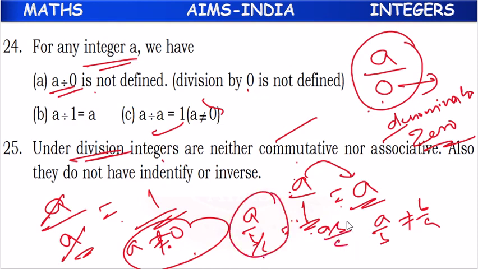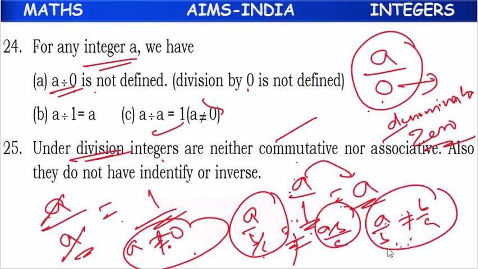For two integers, if the order of division is changed, the numerator and denominator are exchanged, and the result will also be different. So they are not commutative, they are not associative, they don't have any identity element, and they don't have any inverse element like addition.